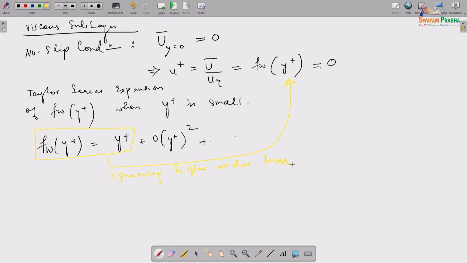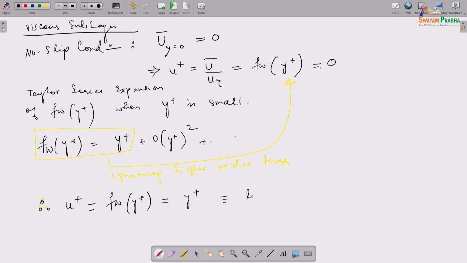So, therefore, u plus is equal to F w of y plus. Now, at the wall this is equal to 0, which is fine. Now, this u plus is actually a linear relationship.